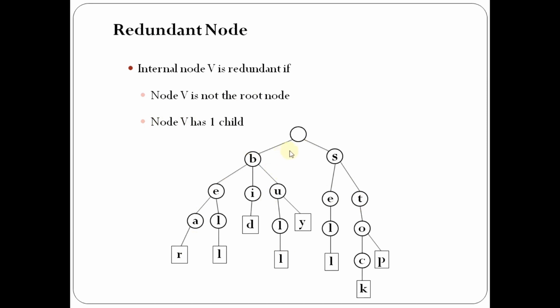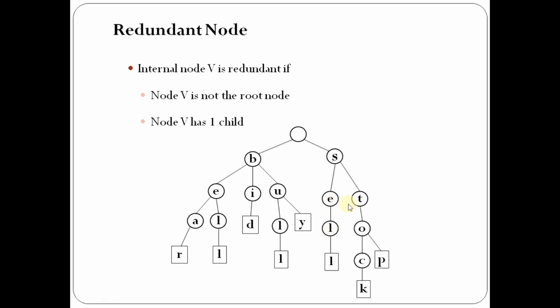If we consider the right child of the root node, that is S, S has two children, E and T. But E is not a root node and E has only a single child, that is L. So E is a redundant node because it is not a root node, and it has only a single child. Second, L also has a single child and it is not a root node.